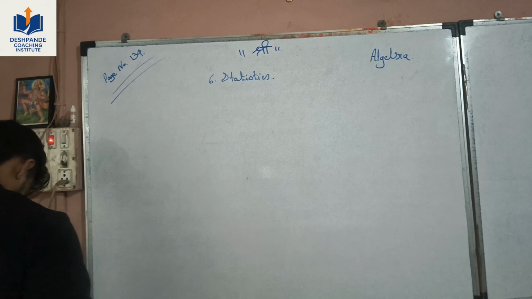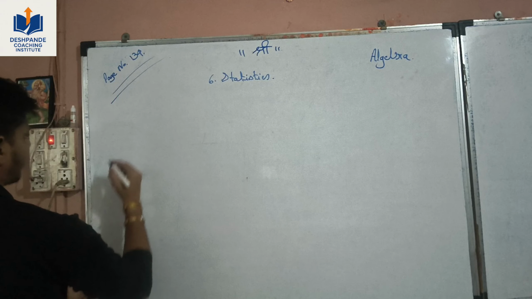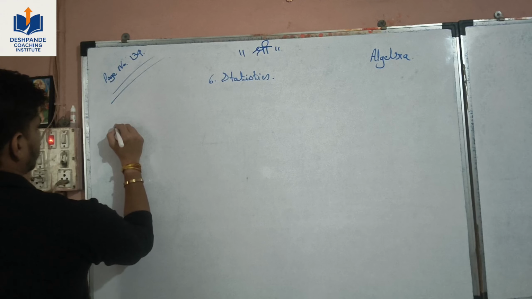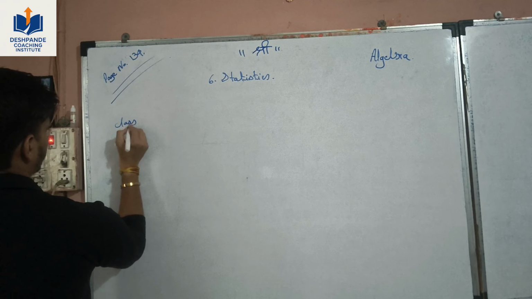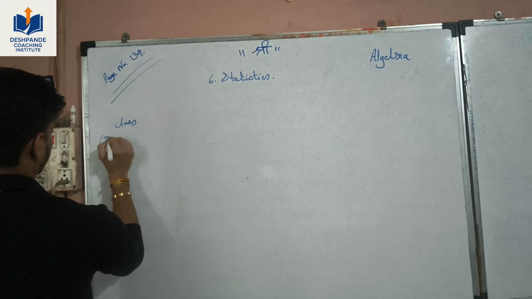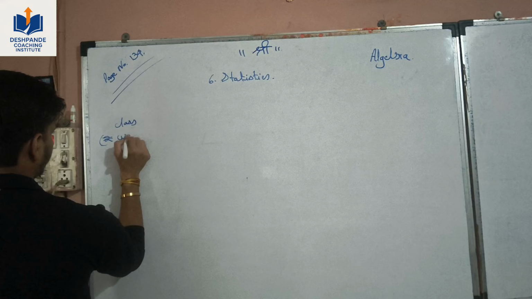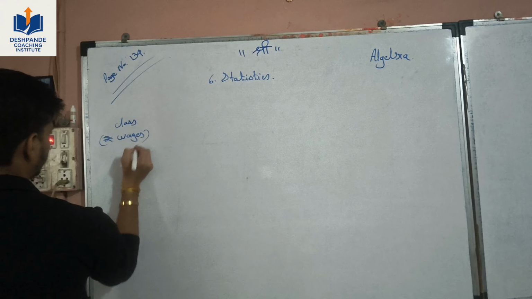So we have to start with the class. What is that? Wages. It is called the class. The first column will be wages, denoted in rupees.